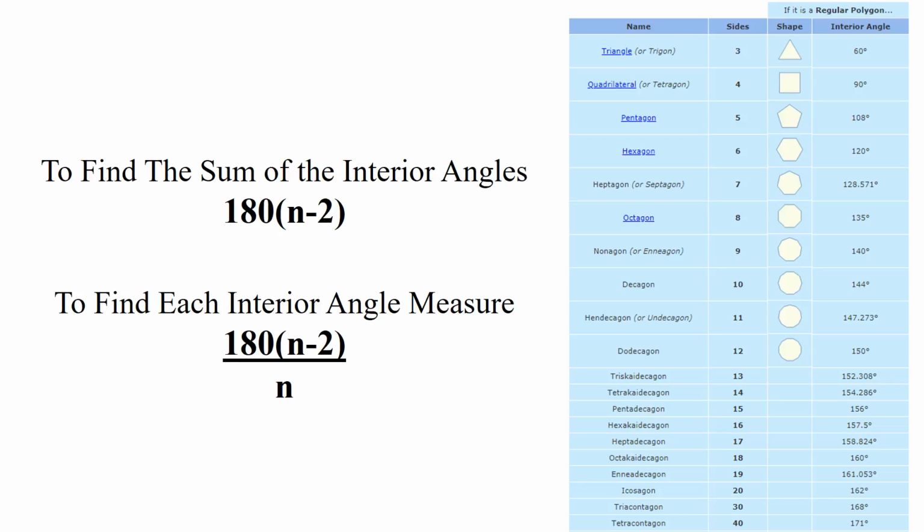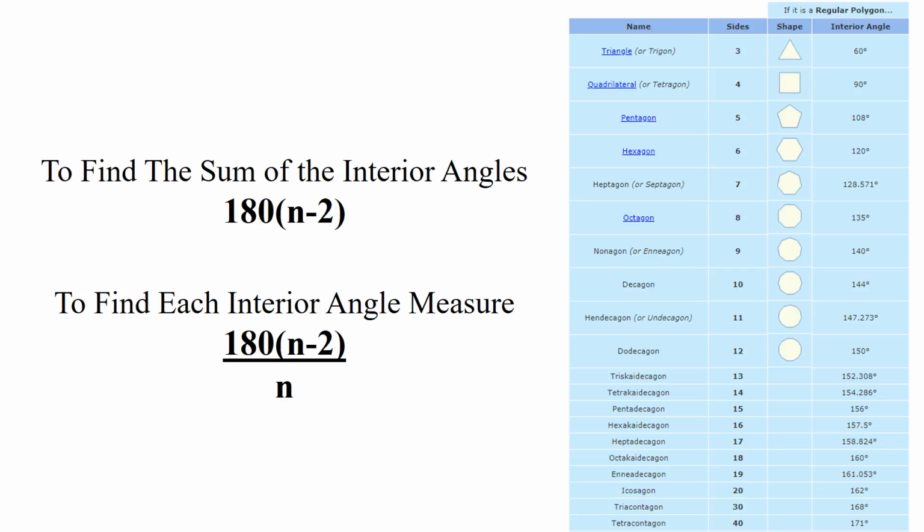So that gives us that the sum is just 180 times n minus 2, and that each of the individual angles is 180 times n minus 2 divided by n. So these are the two main equations that you should keep in mind when you're dealing with the angles of a polygon.